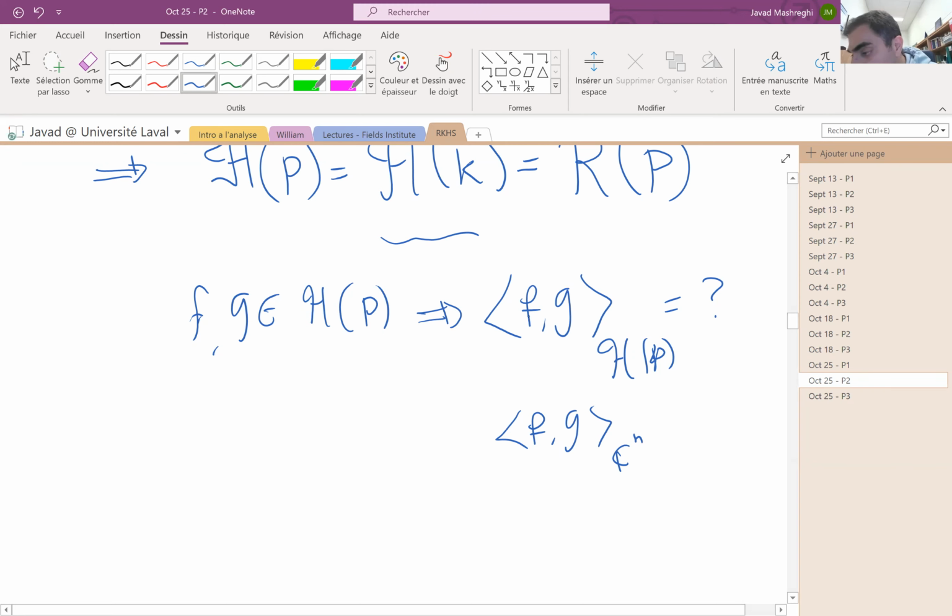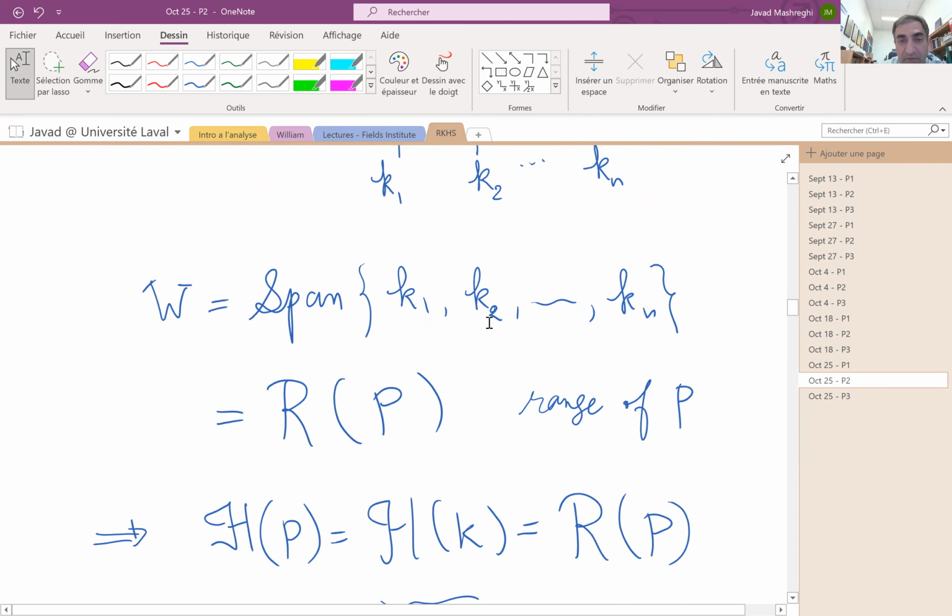What is that? The clue is here. Well, every element of H of P is a linear combination of these n elements. So in order to obtain the inner product, it's enough to find the inner product of two of these elements.